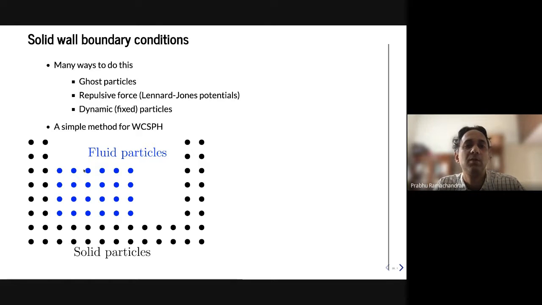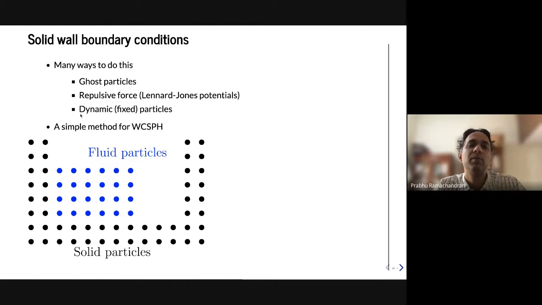A ghost particle approach will essentially take, for every fluid particle in this neighborhood, mirror those particles and introduce new fictitious particles in this region. Okay. Again, kind of standard. The repulsive force approach is essentially you put a bunch of particles in a fixed location to represent your walls, and then you add some kind of a Lennard-Jones-like potential, which basically means if a particle comes too close, it will impose a force on that particle and move that particle.